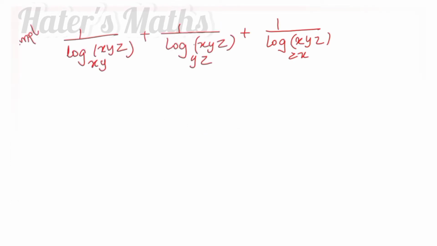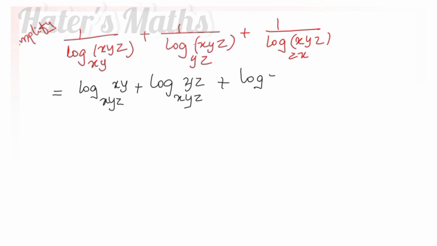So it is log mn by b. Basing on this rule, let us simplify this quotient. The first one can be written as log of xy to the base xyz plus log yz to the base xyz, and the other one is log zx to the base xyz.